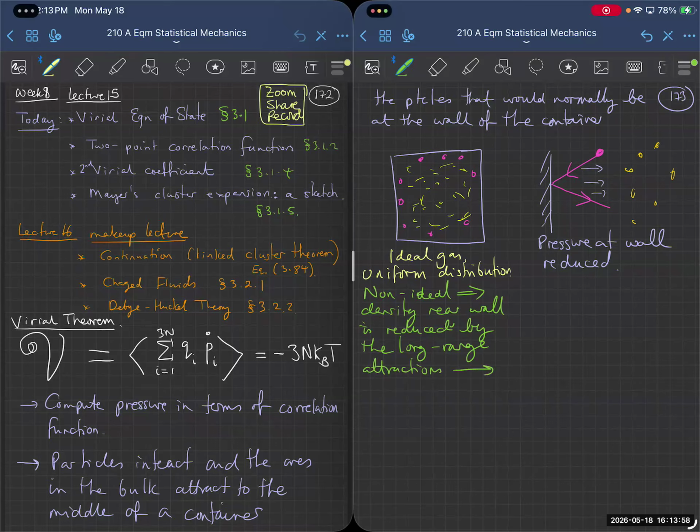And so that means that the density of particles is not just a constant.